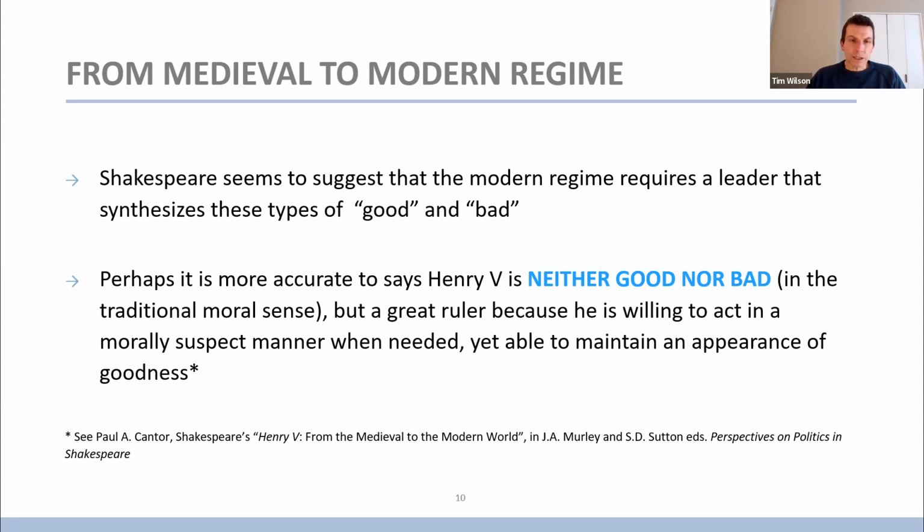Okay, so I'm borrowing some of this from Paul A. Cantor. I think he would explain it differently, but this is kind of Cantor's point as well in terms of Henry V as leader.